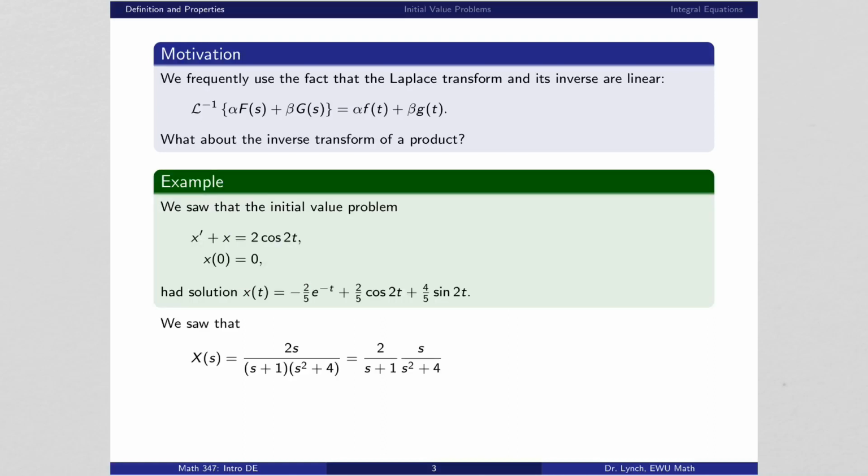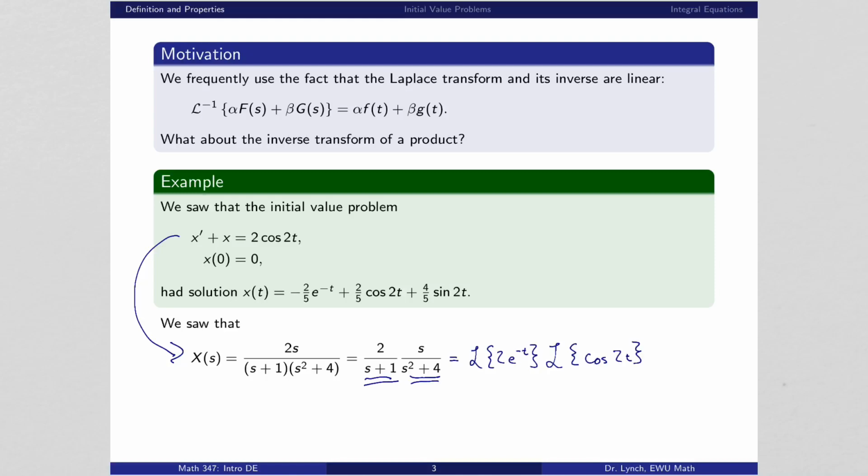For a little bit more motivation, go back to a problem we already solved. Here is a first order initial value problem, for which we saw the solution was a combination of exponentials, cosines, and sines. Along the way, we saw that the transform of the unknown function can be written as 2 over s plus 1 times s over s squared plus 4.